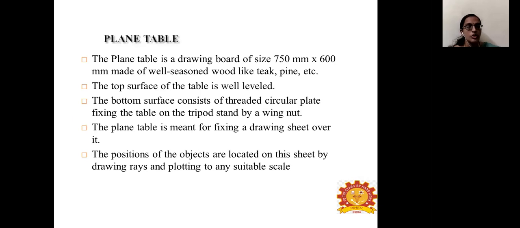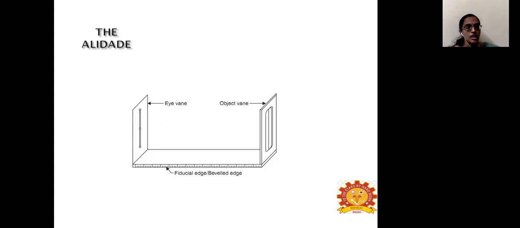This table is used for fixing the drawing sheets over it, and the positions of the objects located on the sheet by drawing the rays and adopting a suitable scale.